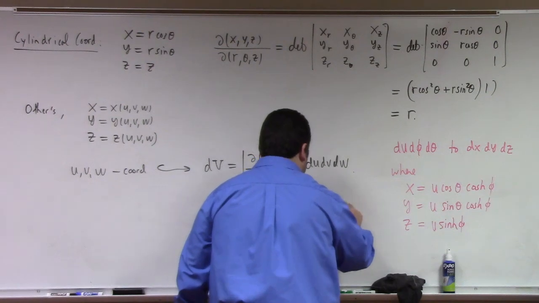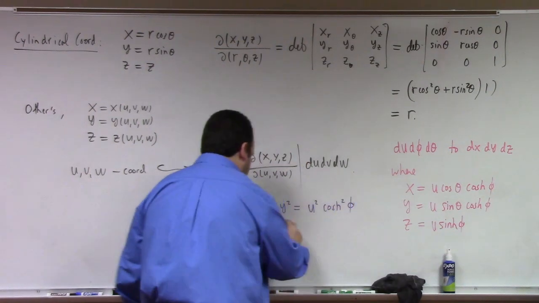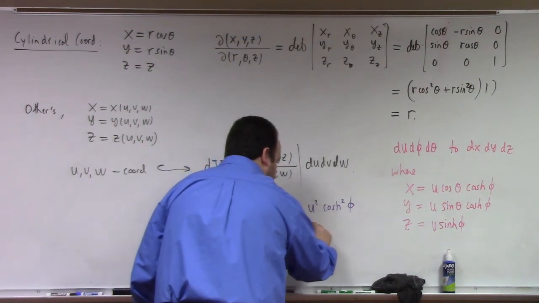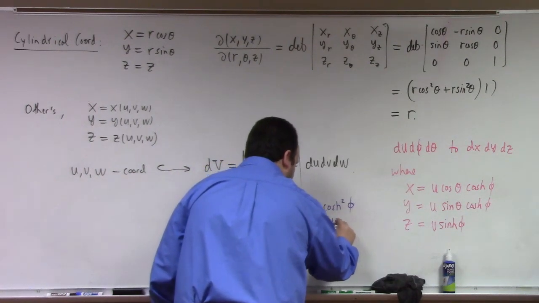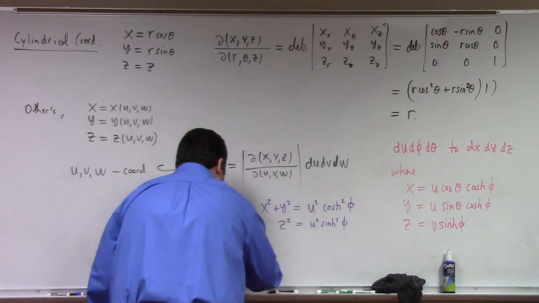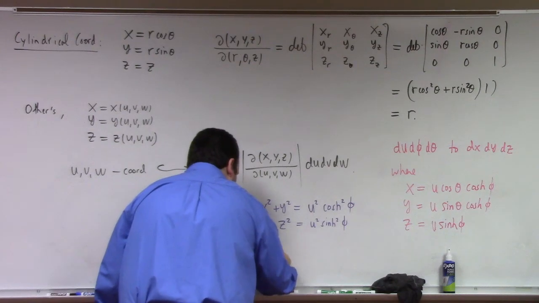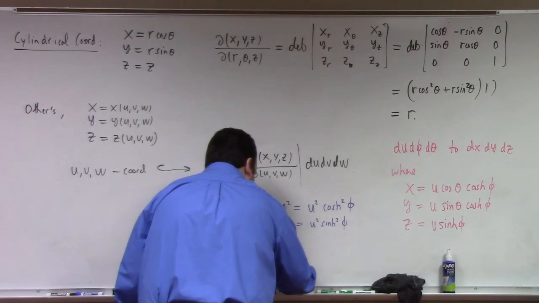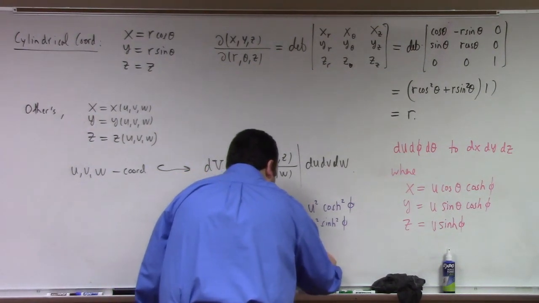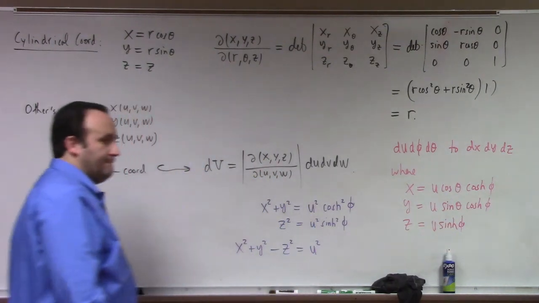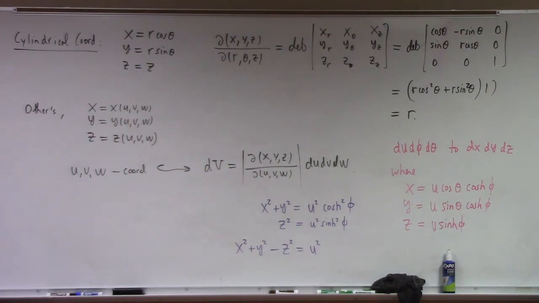U squared cosh squared phi, right? And then z squared is what? U squared sinh squared phi. So this coordinate system is based on x squared plus y squared minus z squared being equal to u squared. So the u is, in some sense, telling you which hyperboloid of, I forget, 1 or 2 sheets that you're on.